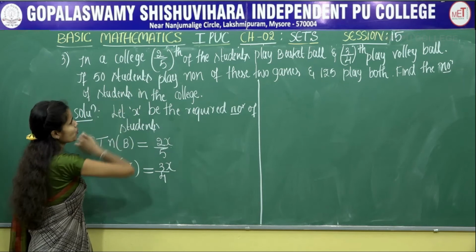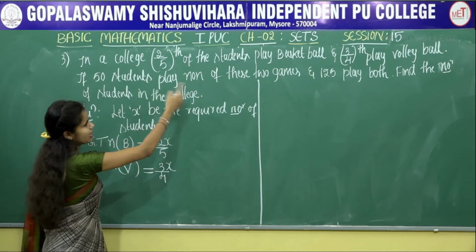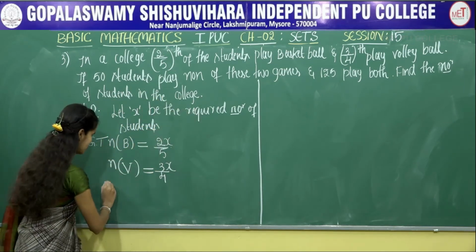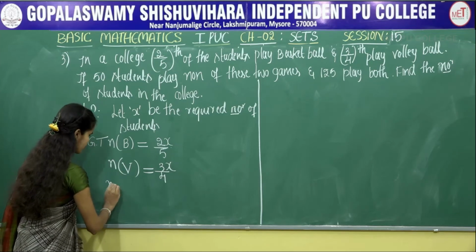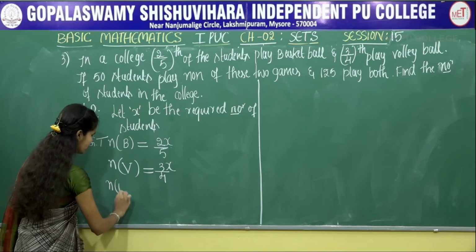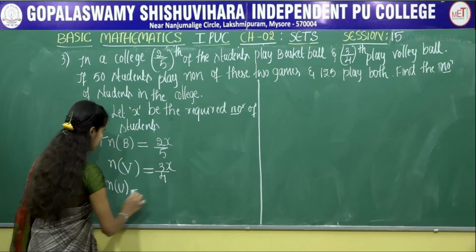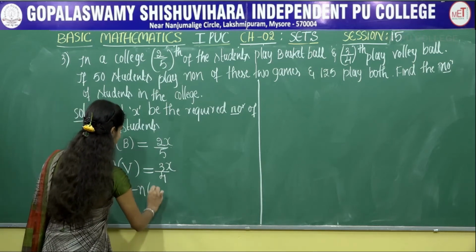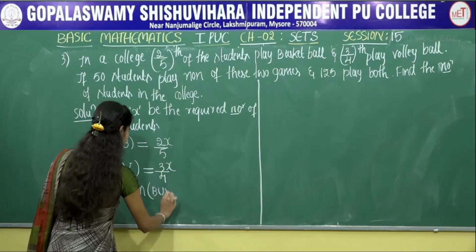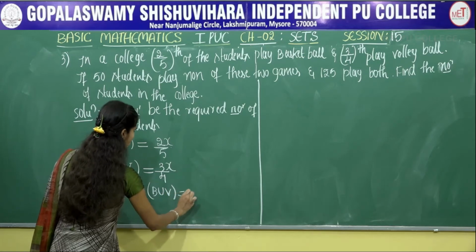Next, 50 students play none of the two games, that is n of U minus n of B union V is equal to 50.